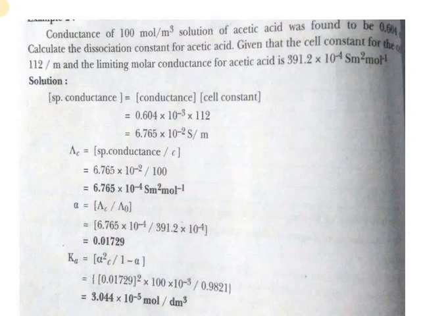Putting these values of alpha and C, the calculation can be done, and the value of the dissociation constant is obtained as 3.044 × 10^-5 mol per dm³. So from the limiting molar conductance, cell constant, concentration and conductance of acetic acid, we obtain the molar conductance, degree of dissociation and dissociation constant.